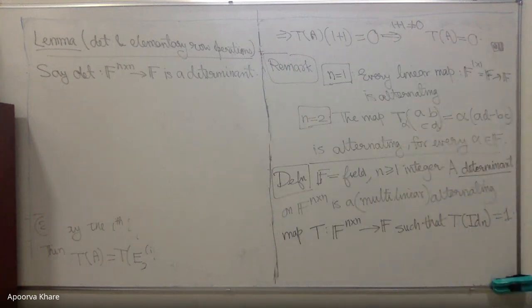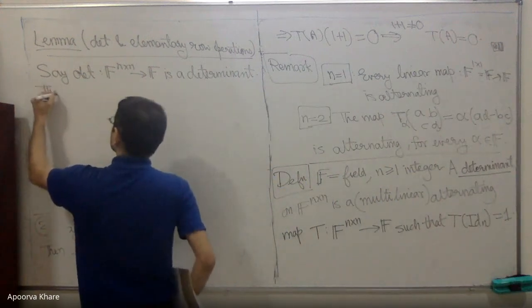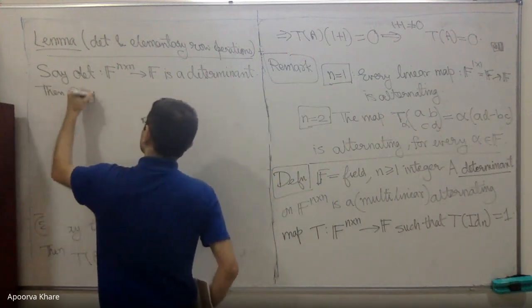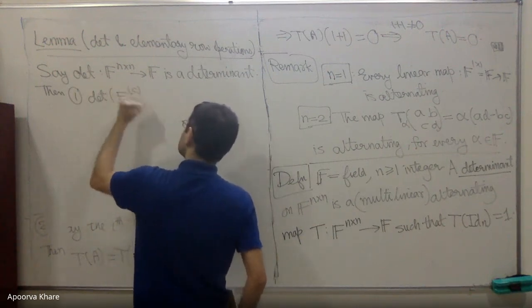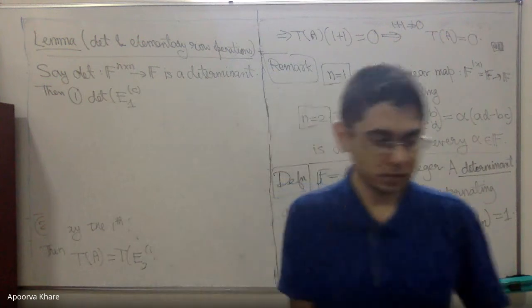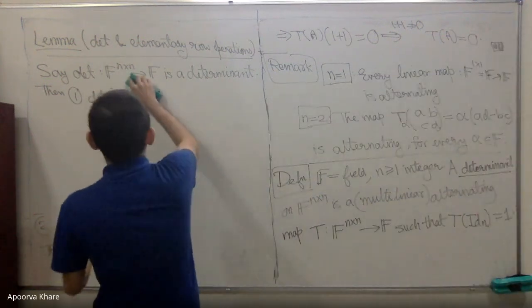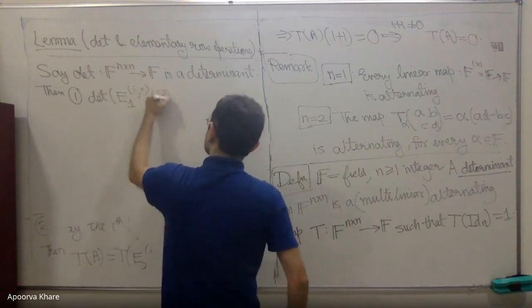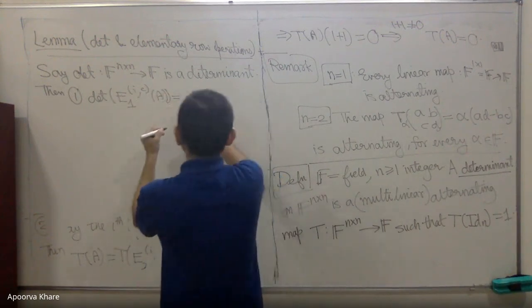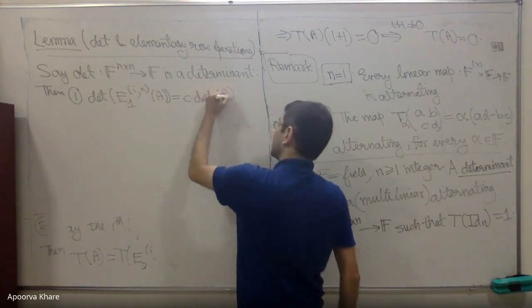Suppose that is a determinant, then T of E1 of c, i comma c, of A is c times T of A. If you rescale a row, you get this.